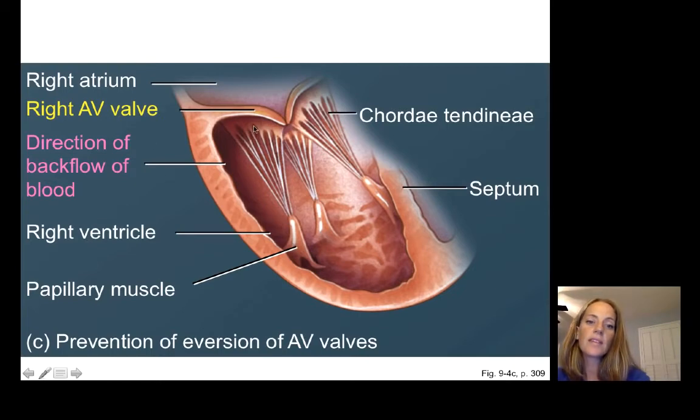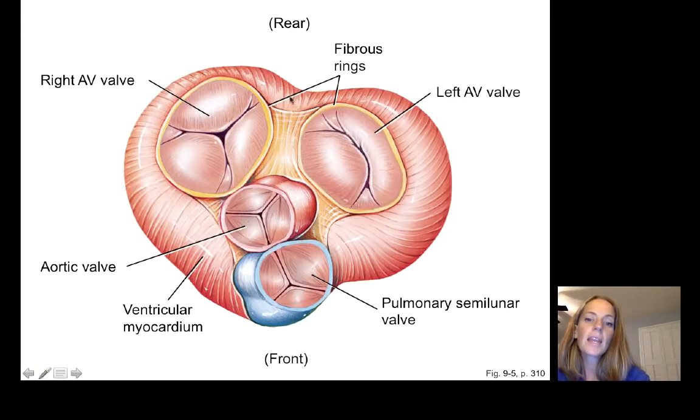So again, there's a close-up view of the valves when they're closed with the chordae tendineae tight on the papillary muscles. And here is a top-down view of the valves. Hopefully you guys did a heart dissection in anatomy, so this isn't too foreign. If you were to cut open the atria and look inside, down towards the ventricles, this is what you would see.